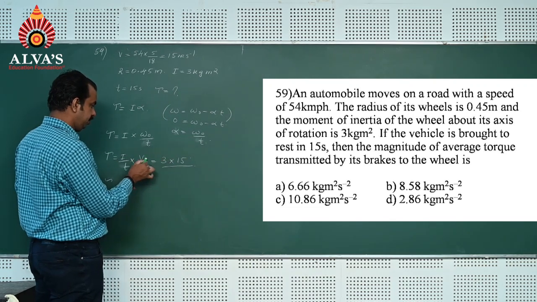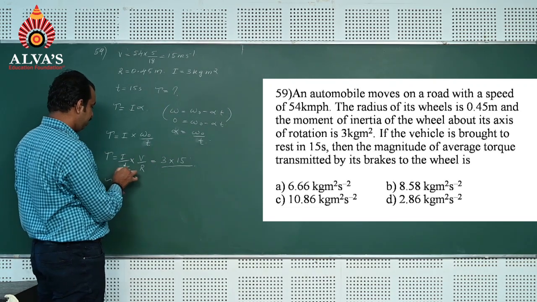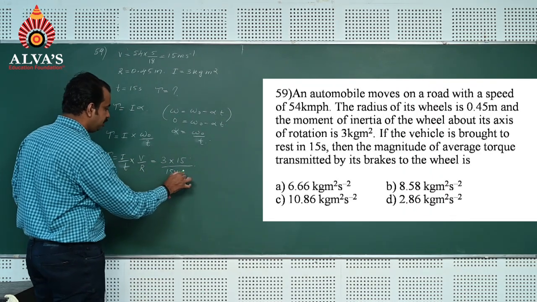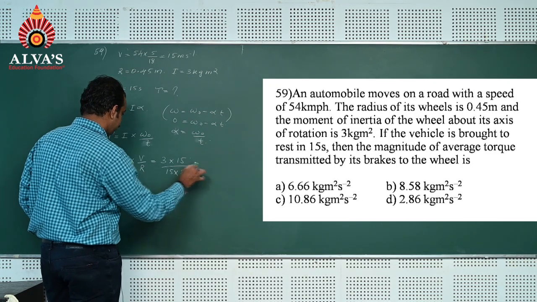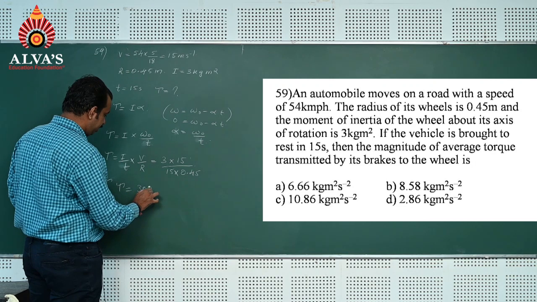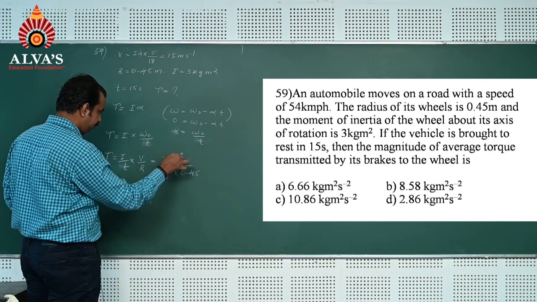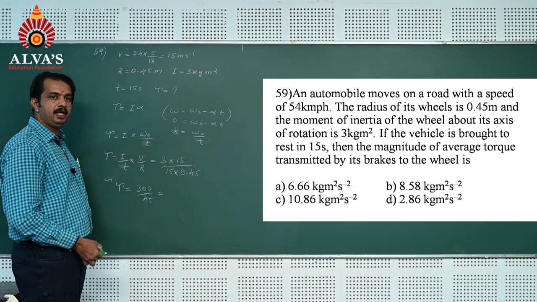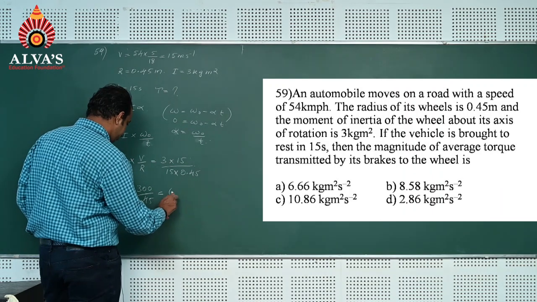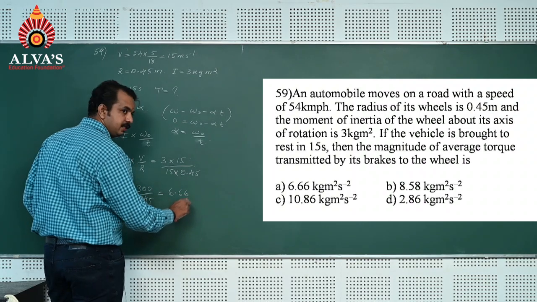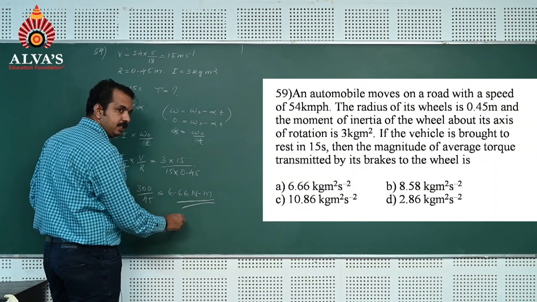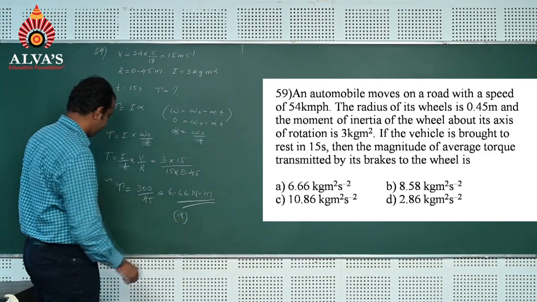I is 3, V is 15, then time is 15 seconds, into R it is 0.45, which means tau is equal to 300 divided by 45. 15 gets cancelled. 300 by 45 means it is 6.66 Newton meter, which is the correct answer. Option A is the correct choice here.